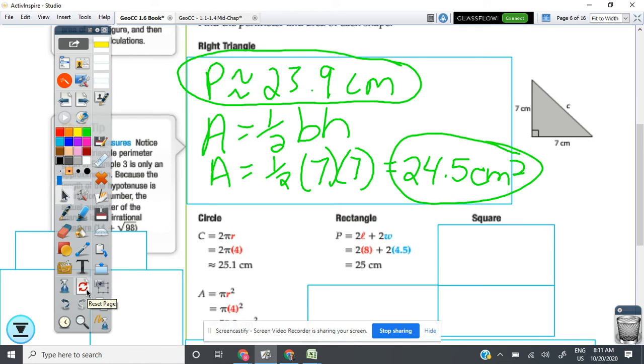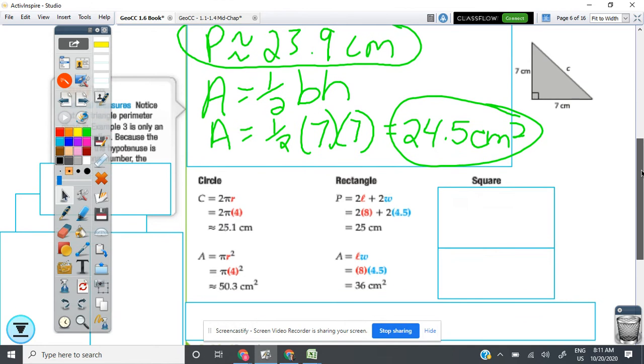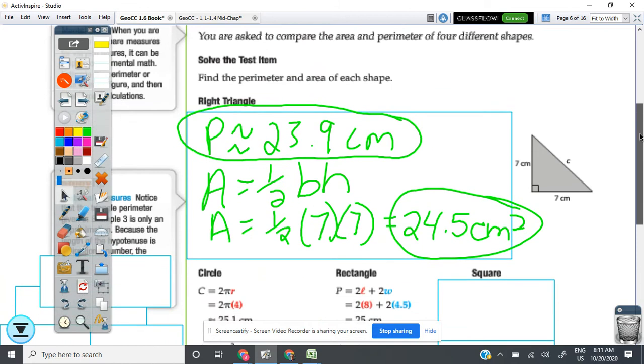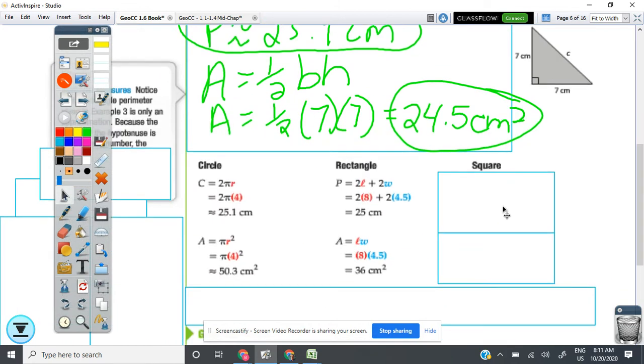To find the area, we just do length times width, 8 times 4.5. And then our last one is a square with a length of 6, and our formula is 4s, or 4 times the side if it's a square.